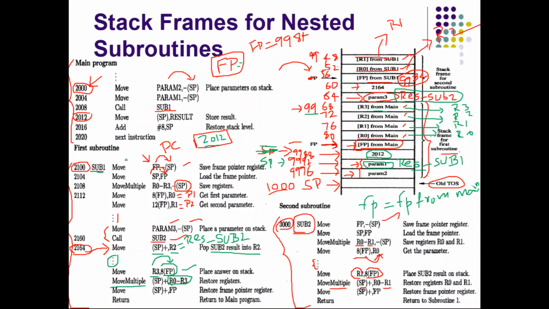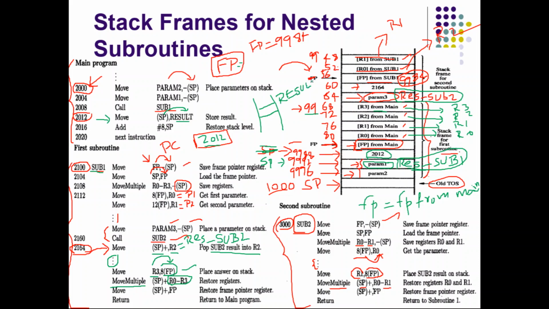It means now the instruction at 2012 will execute. What is the instruction in 2012? Move SP comma result. What is in SP? The result of subroutine 1, that is now stored to the location result. Maybe somewhere in memory there will be a location called result, some address we named result.